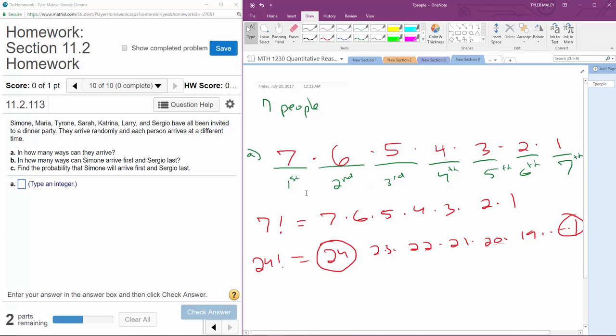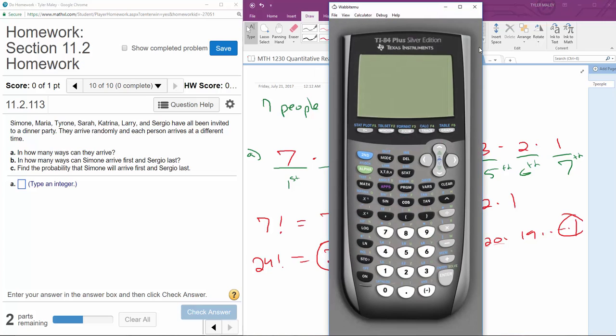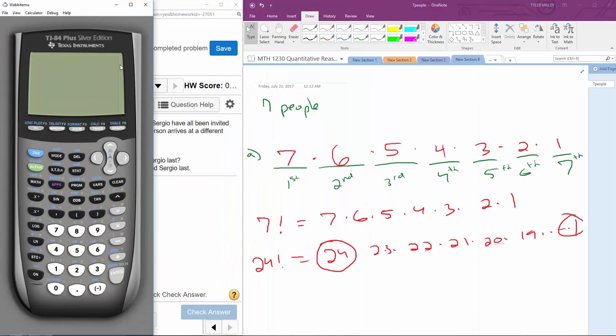There's an easy way to do this in your calculator. Depending on what version you have, it's similar. We need to go to 7, and typically this is found under the probability menu. We're looking for PRB, which on my calculator is under math, and there's a PRB list under here.